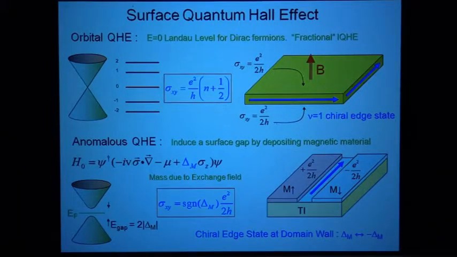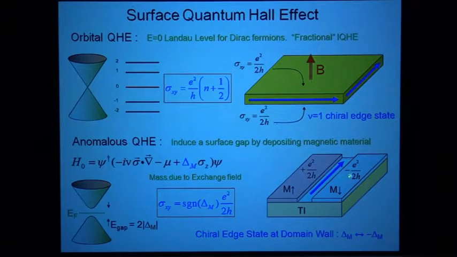Now, another way you could think about this is you could sort of unfold it. I've gapped my surface states on the top and the bottom. If I unfold it, then what that is like is having opposite magnetizations.